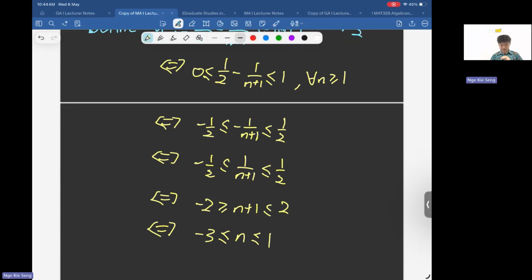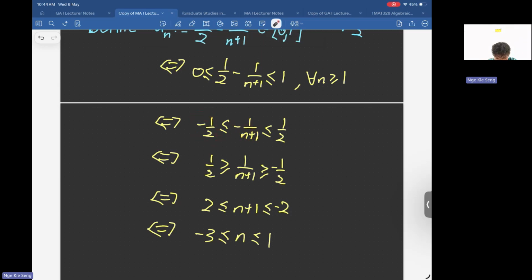I forgot to change this. Wait, I'm a bit crazy. Here, I forgot to change, so change first, and then change again. Is that right? Wait, let me see what I am doing here. I put a negative, I swap this sign, and then I invert, right?